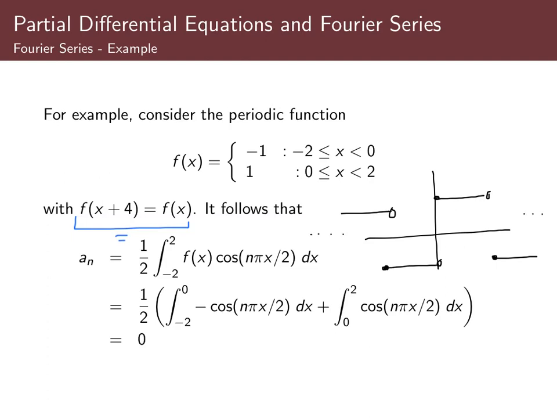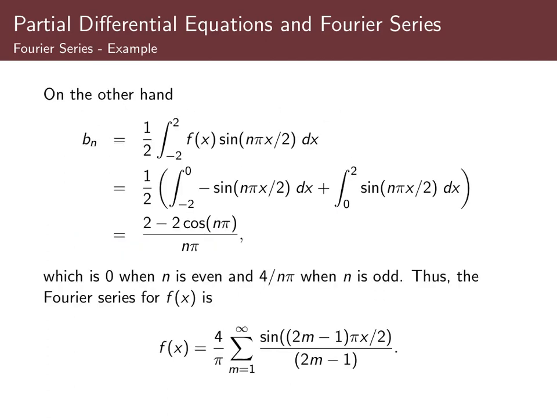In this case, if you look at the a(n)s, it's just 1 over L, which is 2, times the integral from negative L to L, which is the integral from negative 2 to 2, of f times cosine. You could split this into two integrals, and after a little computation, you find that the a(n)s are actually 0. If we look at the b(n)s, again, it's 1 over L, the integral from negative L to L of f times sine, split into two integrals.